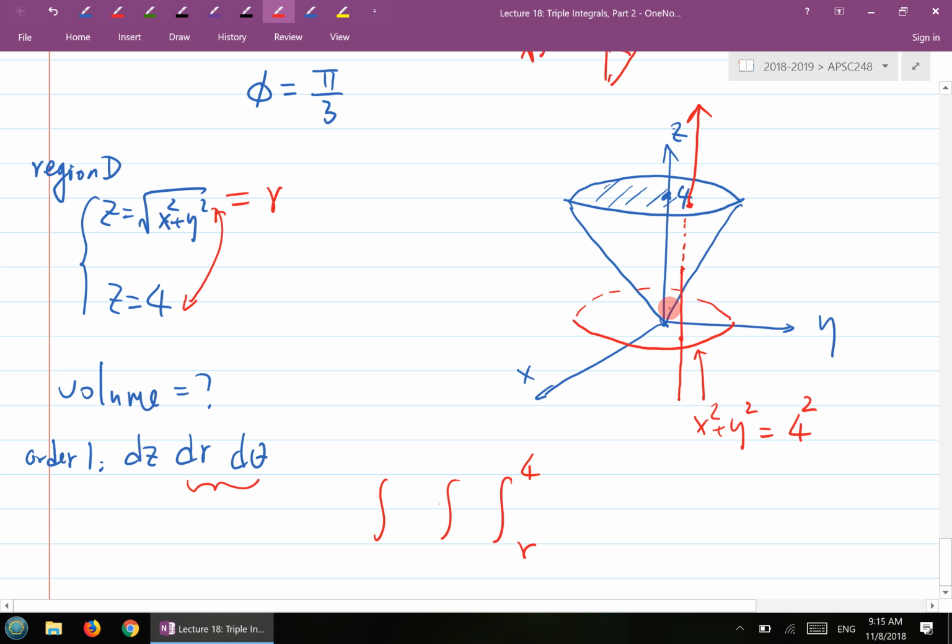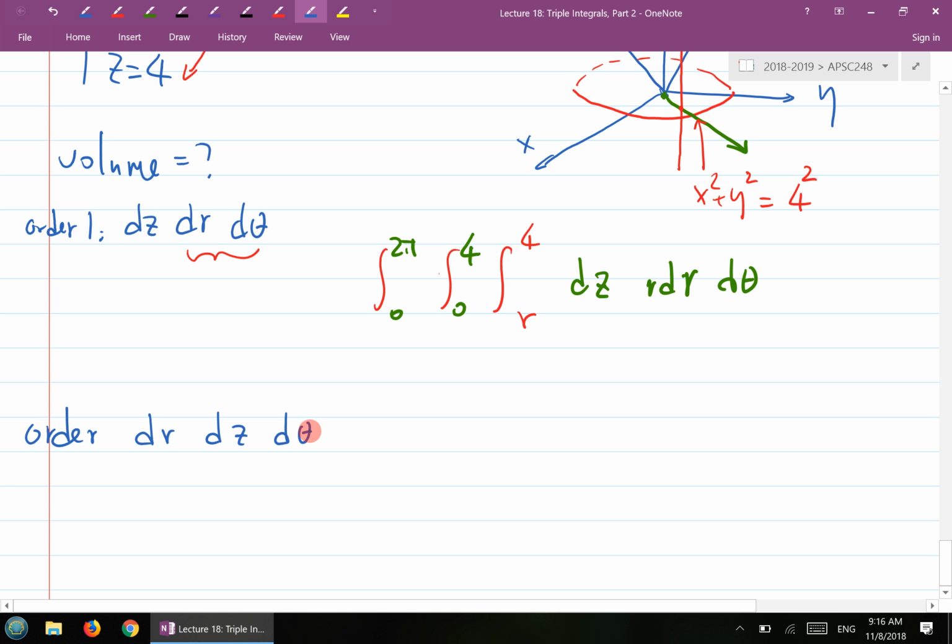The tricky part is, if I follow my previous step, I'm supposed to sketch a shadow for dz d theta, but it's very hard to actually visualize that in the x, y, z coordinates. So instead of drawing the shadow, let's rely on the idea of scanning. Scanning through this region D in the order of r, theta, z, whenever you scan, you always scan in the direction of the axis.